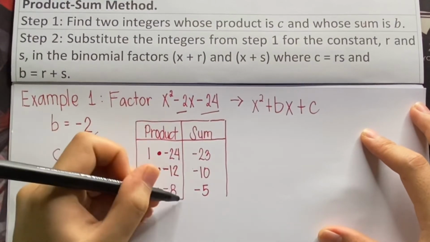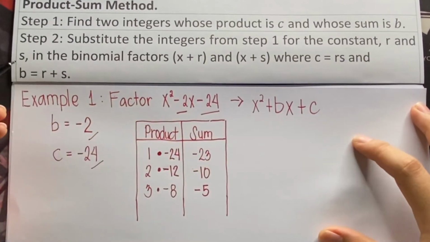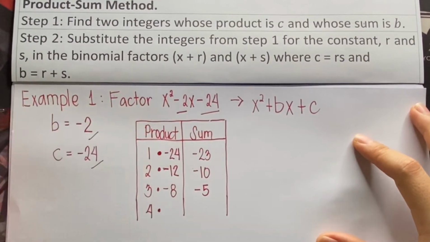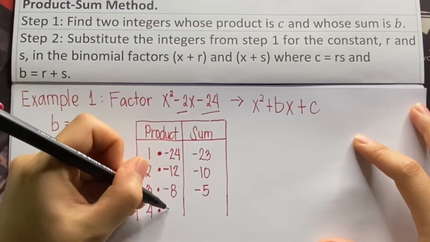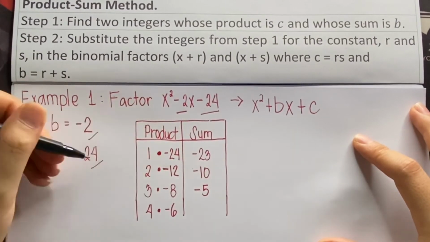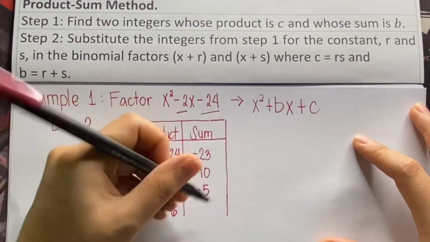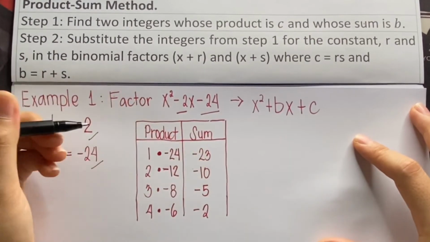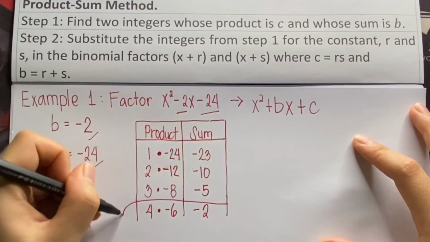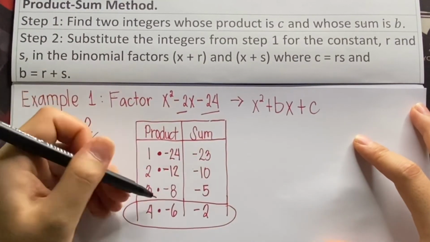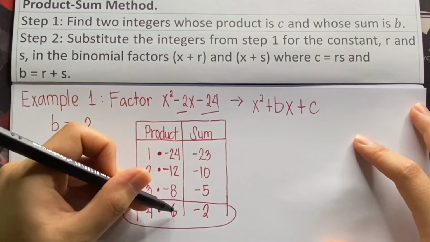May iba pa ba ang factor? 4. How about 4? 4 times negative 6. 4 times negative 6 is negative 24 pa rin. 4 plus negative 6. Negative 2. Tama. Negative 2. Ayun. Nakuha na natin yung dalawang integers. Asan ang dalawang integers? 4 and negative 6.